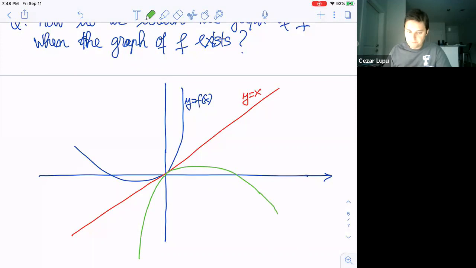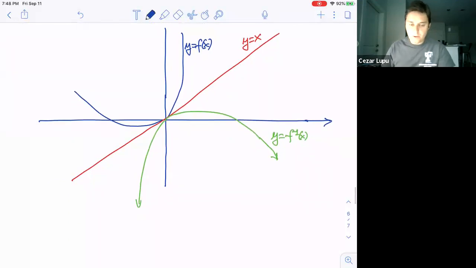So this is the graph of y equals the inverse. So these are the two graphs. If you look at the picture, they're symmetric towards this line, y equals x. And let me just write this in words.